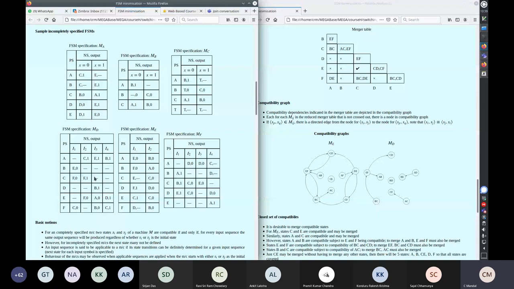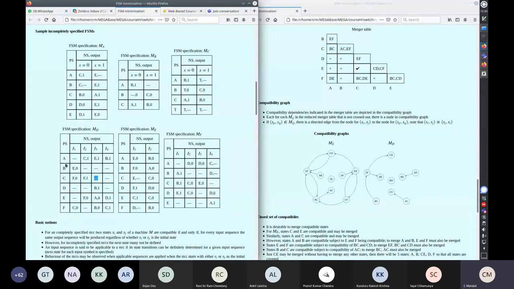Now let us consider AC. If you consider AC, this part is unspecified. So for A and C to be compatible, you can see that C and F must be compatible. Their outputs are compatible. So you need F and C to be compatible. The unspecified entries you can set according to your convenience, but F and C must be compatible.